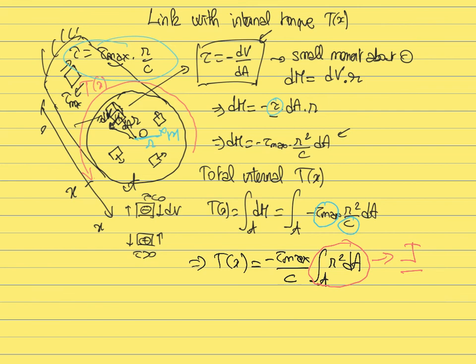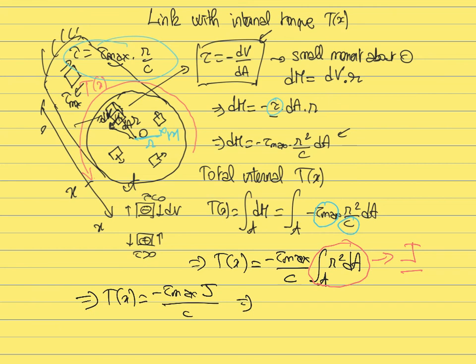Now if we summarize everything, we have an expression to calculate the shear stress. We can write that the internal torque is equal to minus tau max times the polar moment of inertia J divided by c.